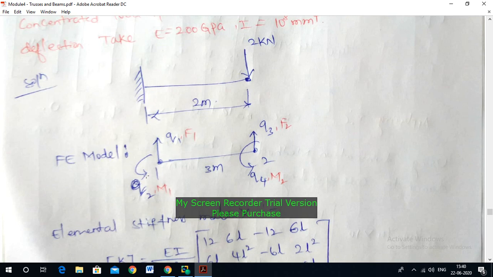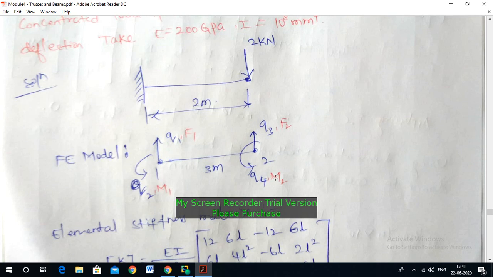Because of the rotation the moment is applied, let M1 be the moment at node 1, and because of the nodal displacement Q1, the translation, the force is acting, F1 is the force acting at node 1. Next at node 2 there are 2 degrees of freedom, one translation, that is Q3, and one rotation, that is Q4.